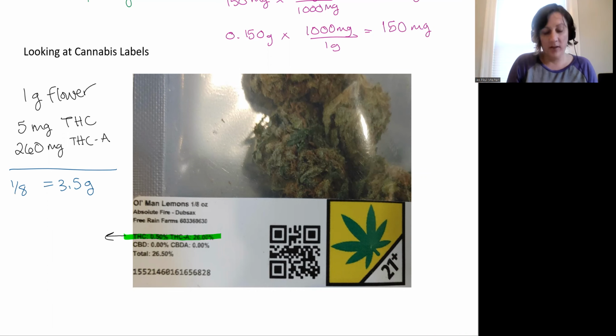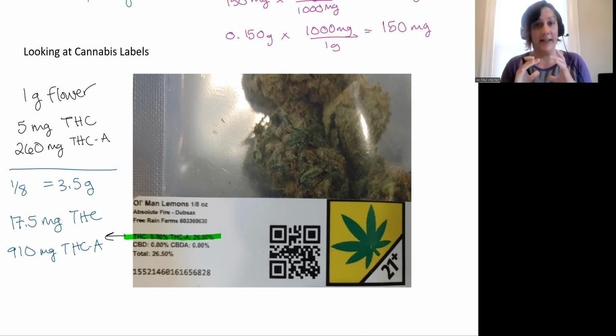So 5 milligrams times 3.5 is going to be 17.5 milligrams of THC. And then our 260 milligrams for THCA, times 3.5, you're going to get 910 milligrams of THCA. And that's in the entire package.